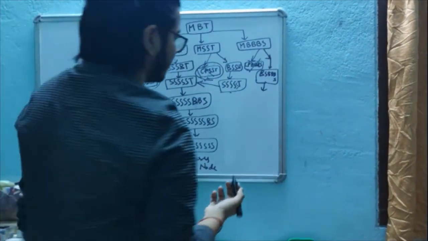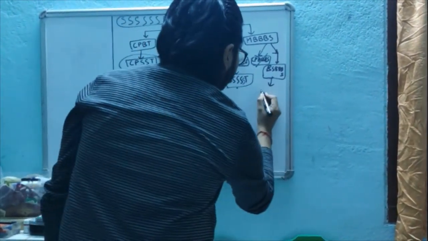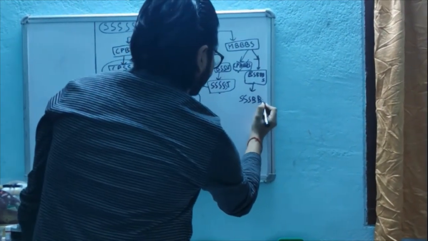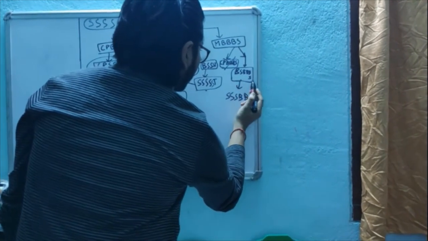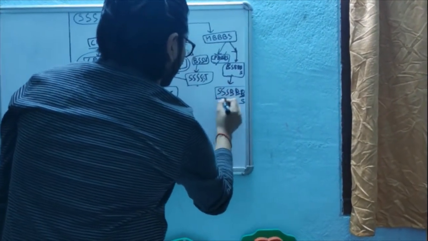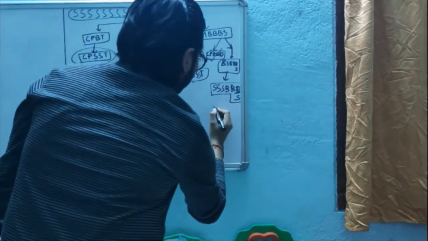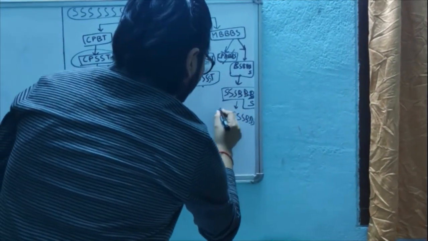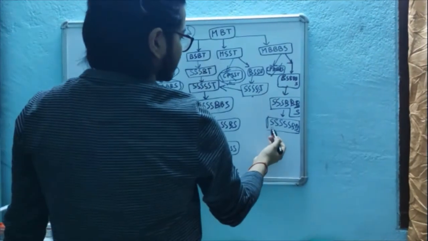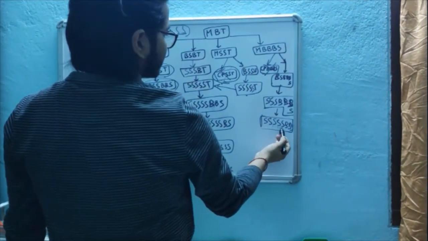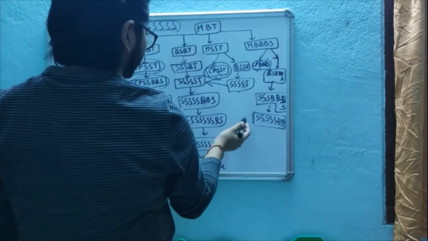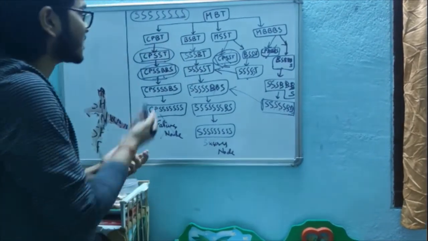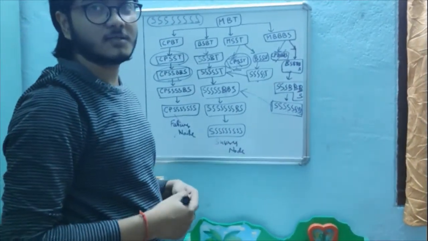So we can replace 1 B, and again, and we can see that this SSS BBS is coming here. So again we can follow this node and we will get this success node. So this is how an AND-OR graph is solved.